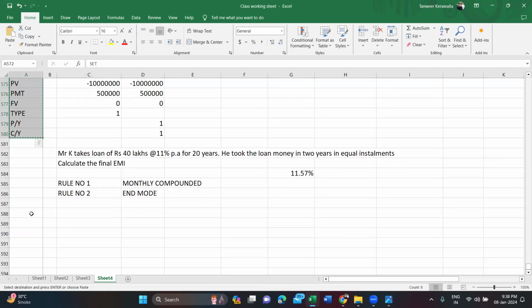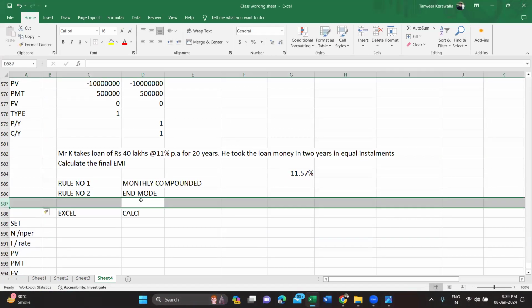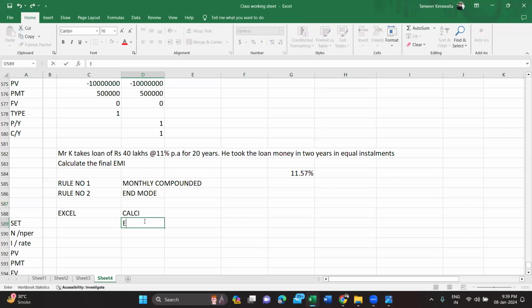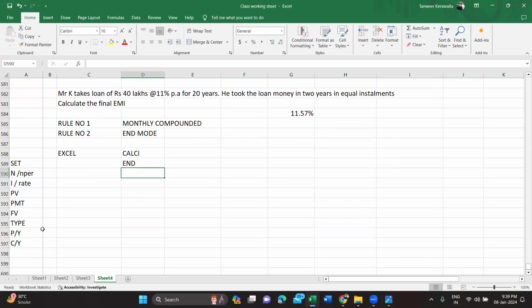So let's say I copy this here. I'll do it for the first loan of 20 lakhs, right? I'll do it on both the Excel sheet and the calculator. So by default, it's end mode, that means type 0, right?